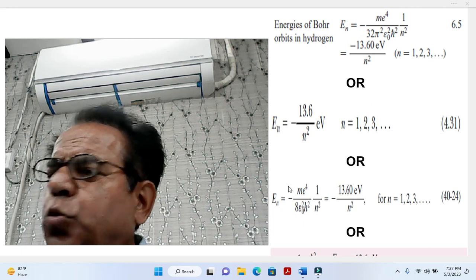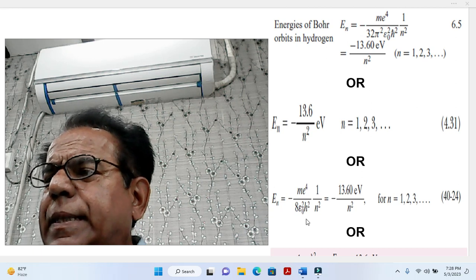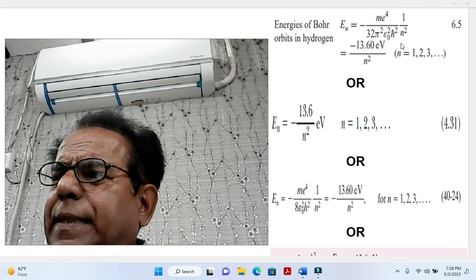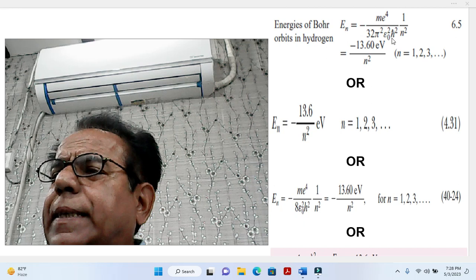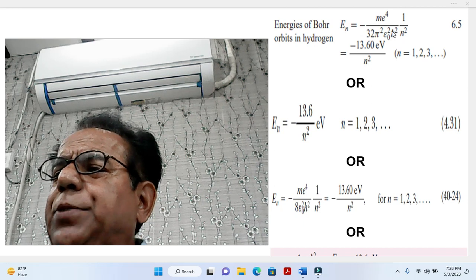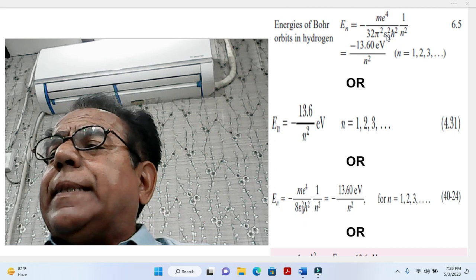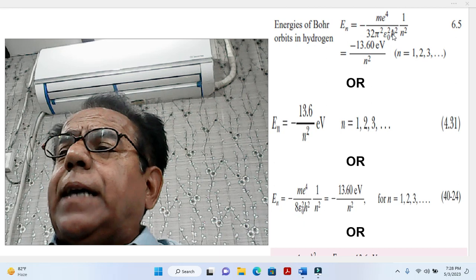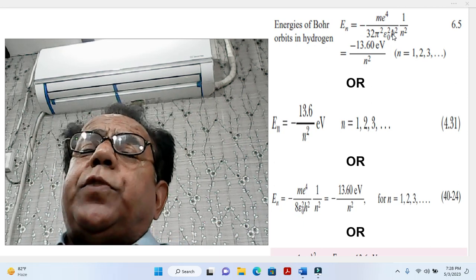Okay, so it has become quite clear that the only difference between the first and third version is that here Planck's constant h has been used in terms of h cut or h bar or h reduced, which is equal to h over 2 pi.